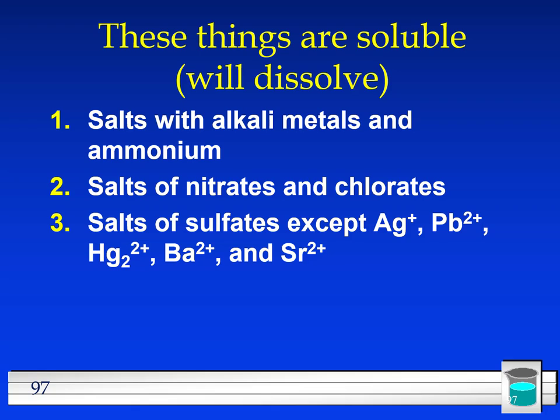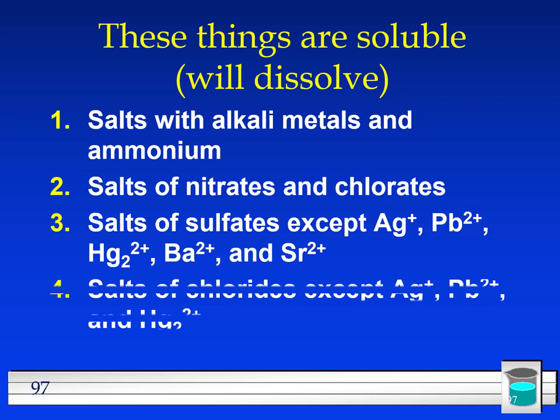Salts of sulfates are soluble unless they're with silver, lead, mercury 1, barium, or strontium. Again, you don't have to memorize this list, you just have to apply it. So if my negative ion is a sulfate, it will usually dissolve except with these exceptions. So see, the first one's about the positive piece, the next 2 are about negative pieces, the next one's about another negative piece.